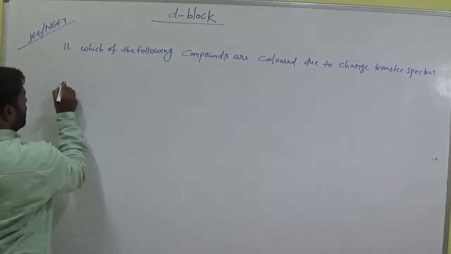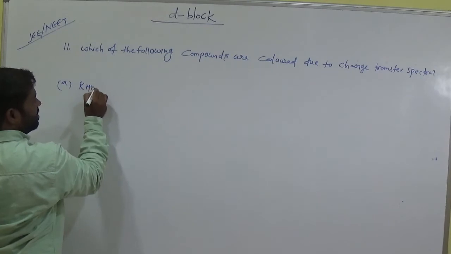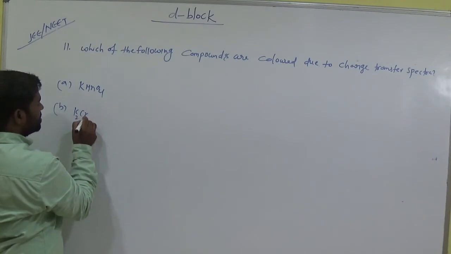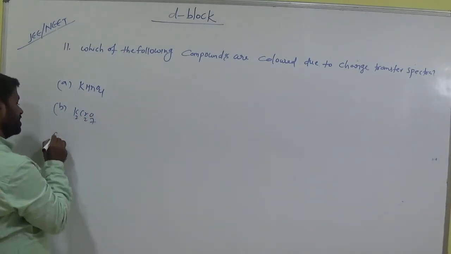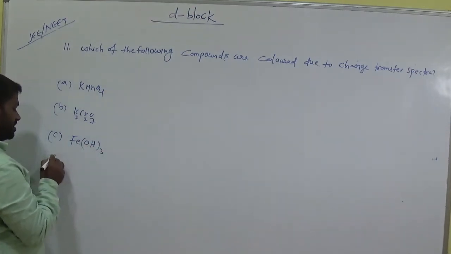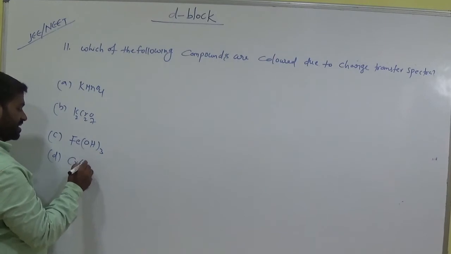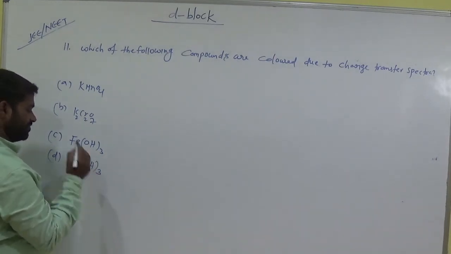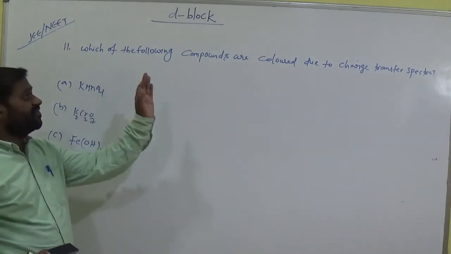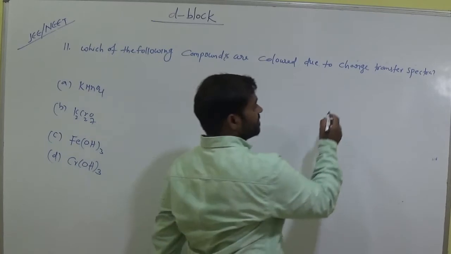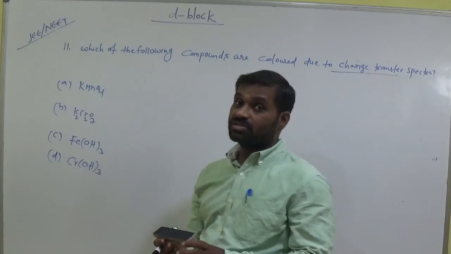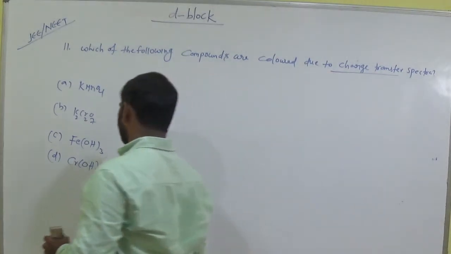Option A, not ions, compounds he mentioned here, KMnO4. B, K2Cr2O7. C, ferric hydroxide. D, chromium trihydroxide. So these are the four compounds given. Which of the following compounds are colored due to charge transfer spectra? These all exhibit colors, but which compounds show the color due to charge transfer? You know already.